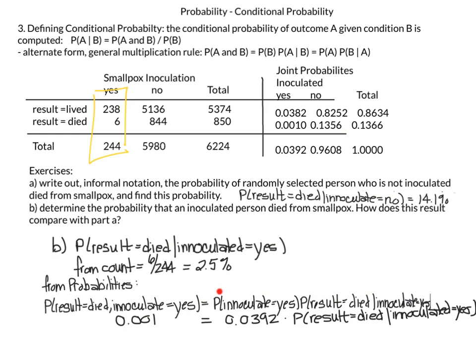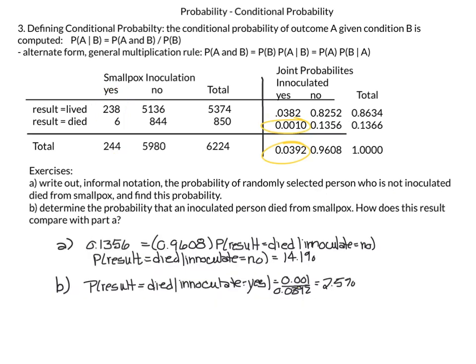The probability inoculated equals yes is one variable, so we're looking at our marginal distributions. Inoculated equals yes is 0.0392. We divide both sides by 0.0392, and we get the probability result equals died given inoculated equals yes is 0.25, which agrees with our count method.